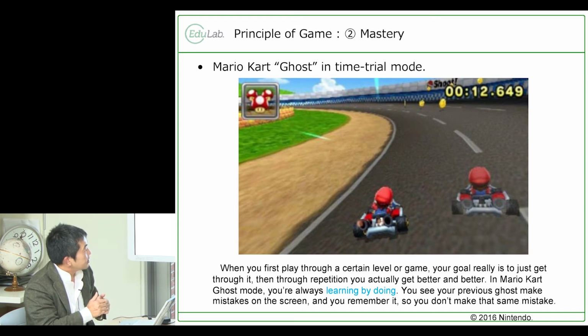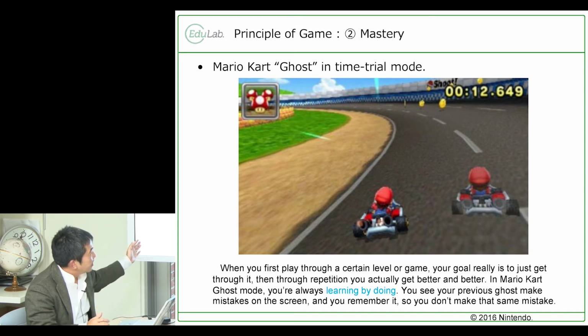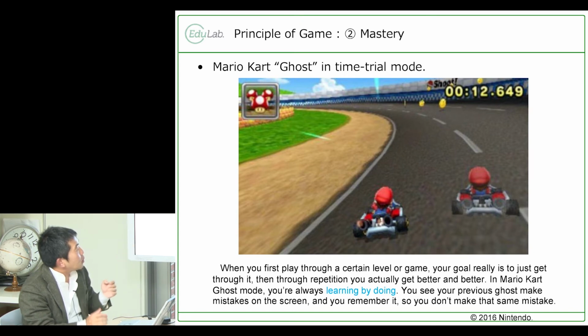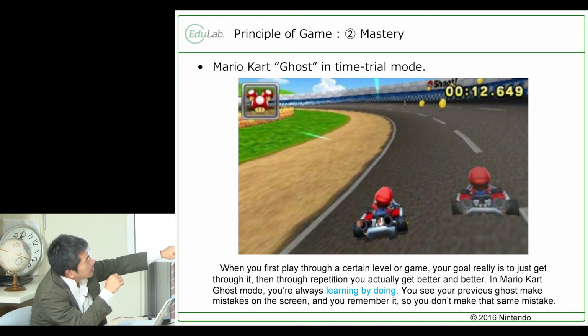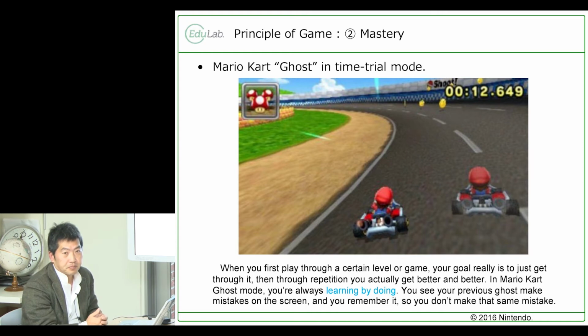But in the early stages, you would probably want to practice. So what Mario Kart did was, you see a ghost. That is the fastest lap you have earned in this game. So you can compete with your best lap and learn from doing.